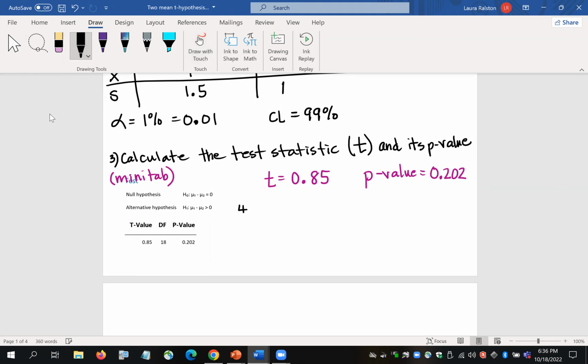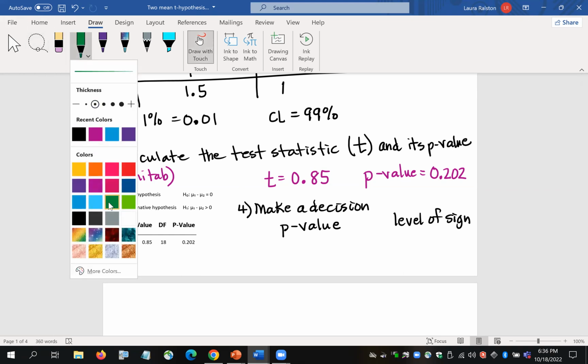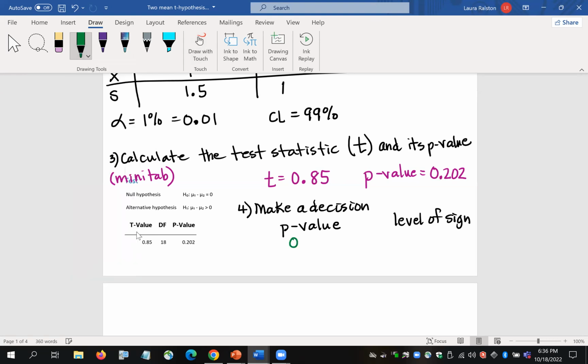Step 4 is we make a decision. We make a decision by comparing the p-value to the level of significance. The p-value comes from Minitab, which is 0.202. The level of significance is given in the problem and was 0.01.